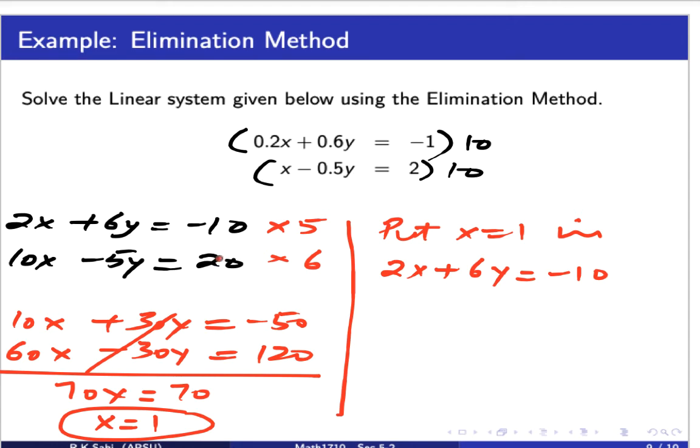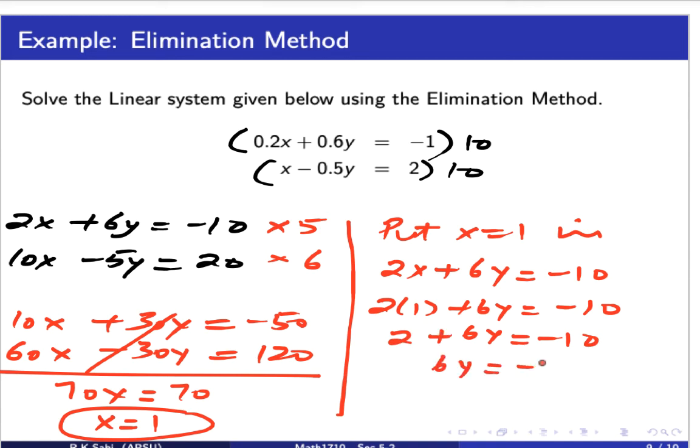The only thing is to make your life simple, okay? So now let's substitute x here. 2 times 1 plus 6y equals negative 10. So 6y equals negative 10 minus 2. So we get 6y equals negative 12, or y equals negative 2.